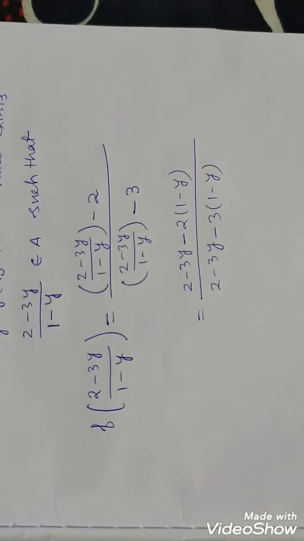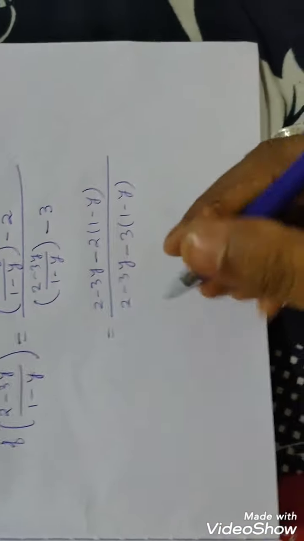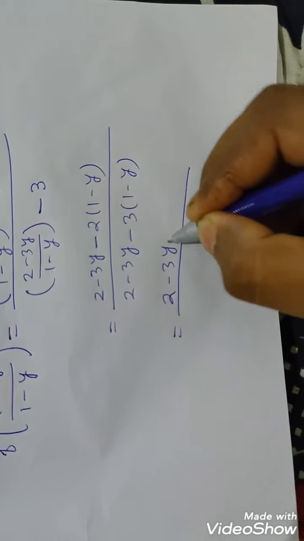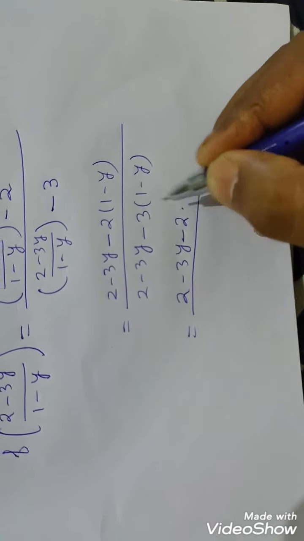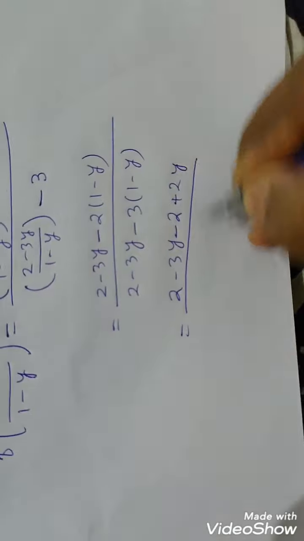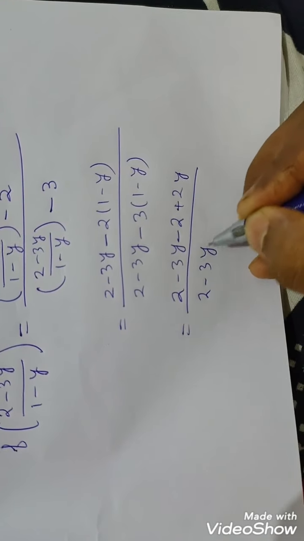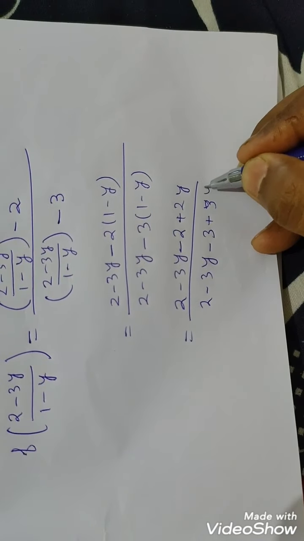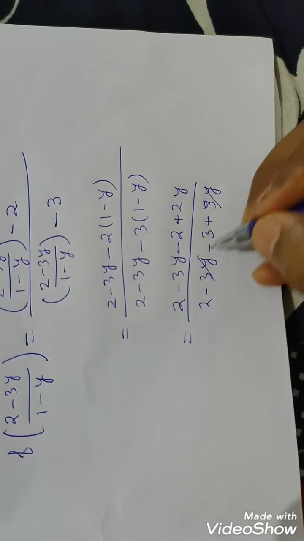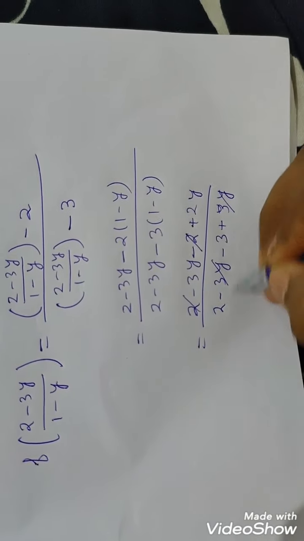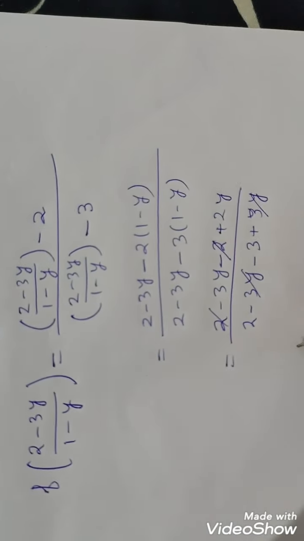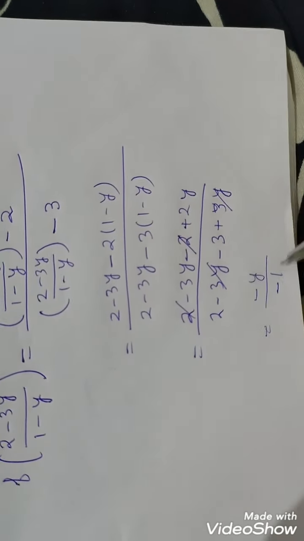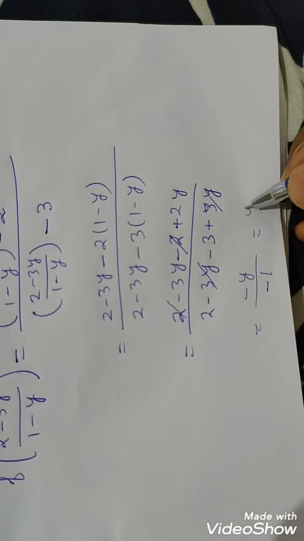By taking the LCM and simplifying: 2 minus 3y minus 2 plus 2y, and 2 minus 3y minus 3 plus 3y. These terms cancel. Finally you get minus y divided by minus 1, which is y.